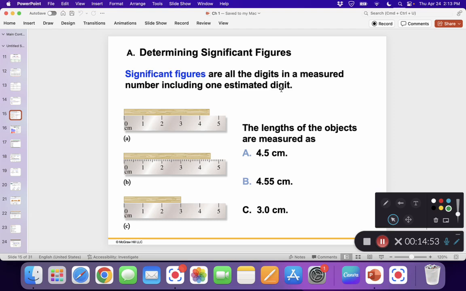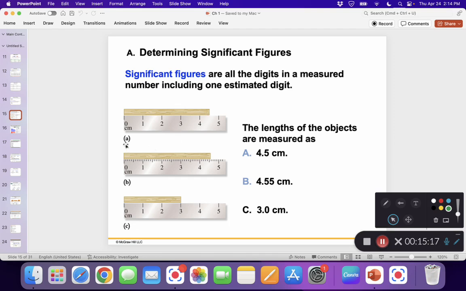Let's understand this by looking at one example. It will be much clearer. Let's say you need to know the length of this stick. You have a measuring tool to measure the length. You put your ruler against that stick and look at how much it is.